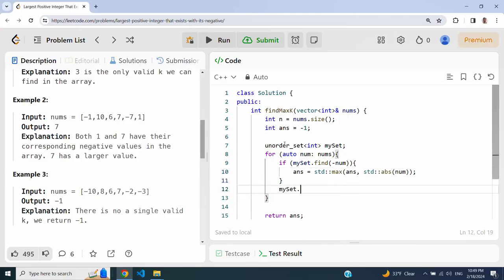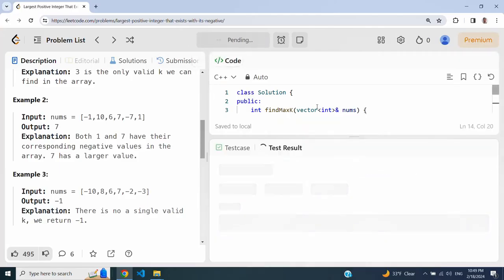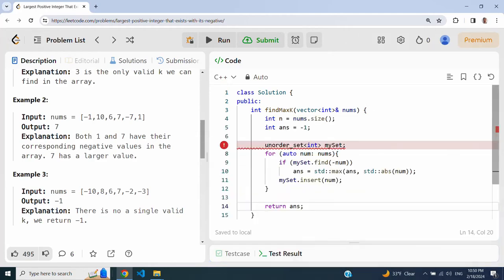So that's one of the answers. And I need to insert this value, my set dot insert, into the set. I don't really need these curly braces. And that's it, that's my solution. Because I'm inserting the values into a hash set, we're using order n extra space.